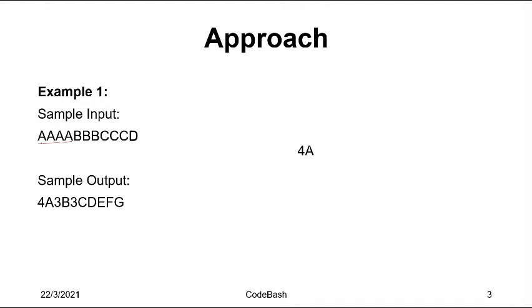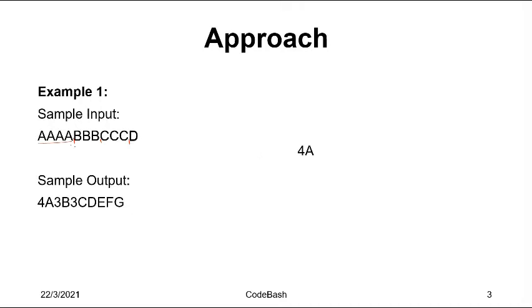We have to count the number of A's. This is the first part, to segregate the different types of characters that we have. Our program should be able to tell the number of A's that we have, and then to another string add the count of the characters and then the character.